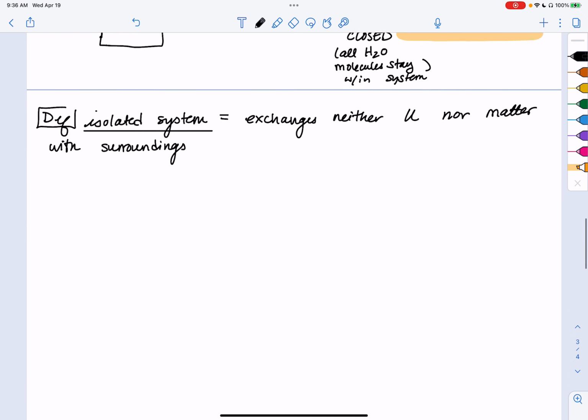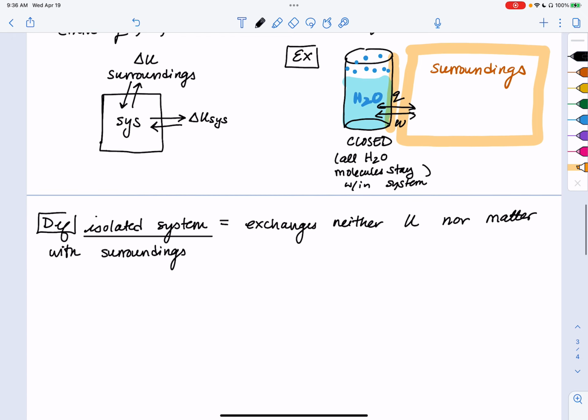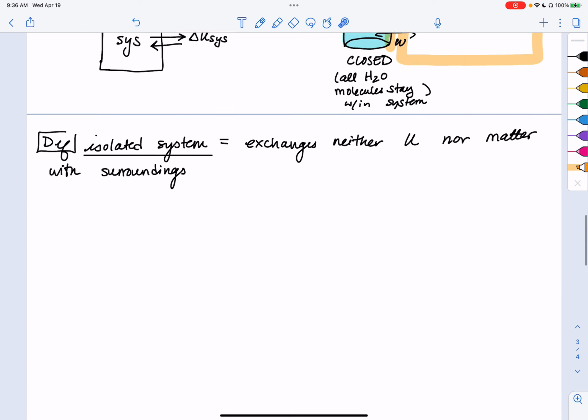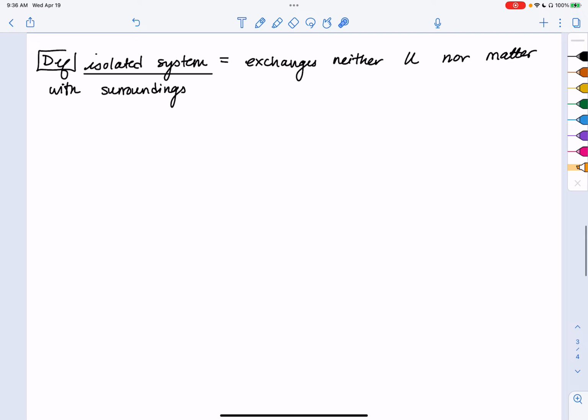And again, you can imagine that this is something that's purely theoretical. There's no way that I could have a sealed closed system that contains what I call in my chemical system just my molecules that is not also interacting energetically, at least in some way, with the container itself, right? So it's a purely theoretical construct. But let's look at how the math would work out.